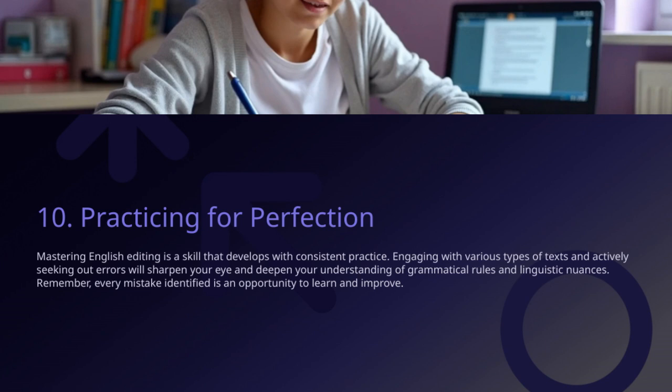Remember, every mistake you find is actually an opportunity to learn and grow. The key is to keep practicing regularly, because perfection in editing doesn't happen overnight. This ongoing effort ties back to the overall goal of becoming more confident and precise in your English communication. So, keep at it, stay curious, and view each correction as a step closer to mastery.